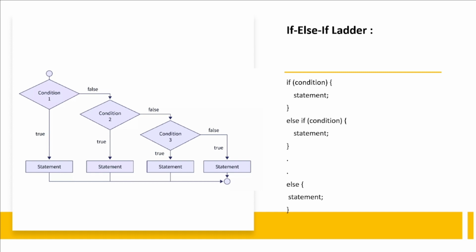It will check until the else-if conditions are executed. When the first if condition is true, it will execute the statement. If it is false, it will jump to the other condition, that is the else-if condition. It will execute till the last else-if condition. If none of the conditions are true, then it will execute the last block, that is the else block.